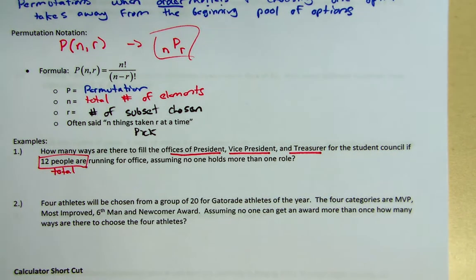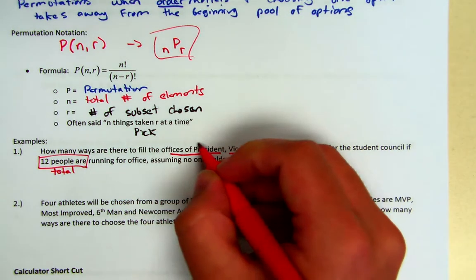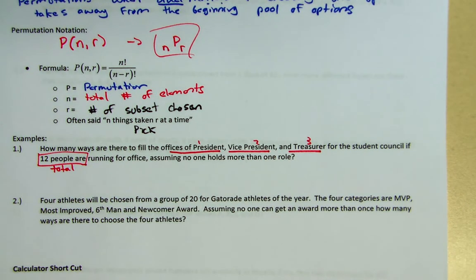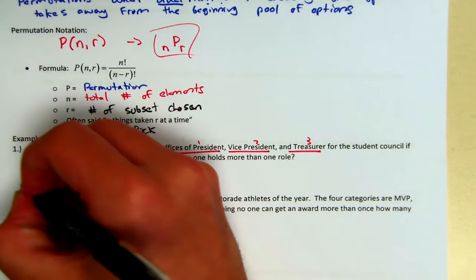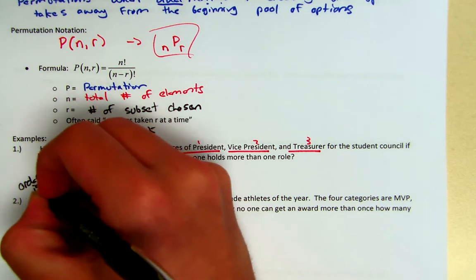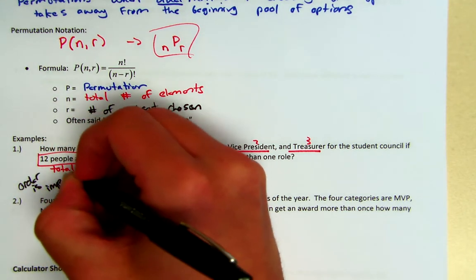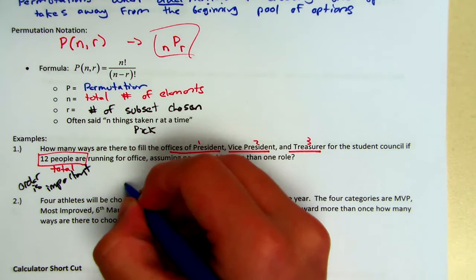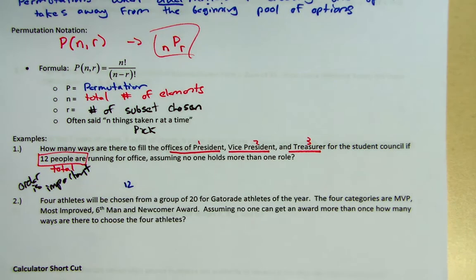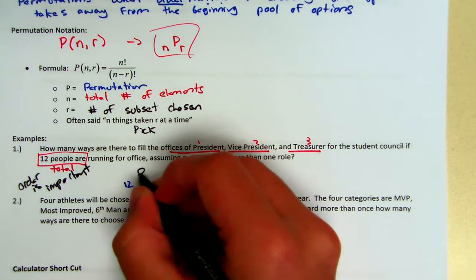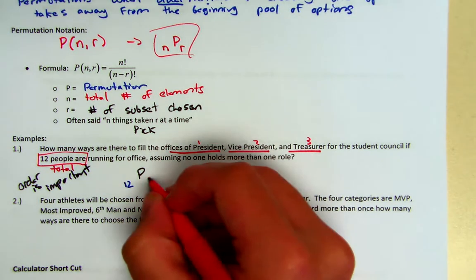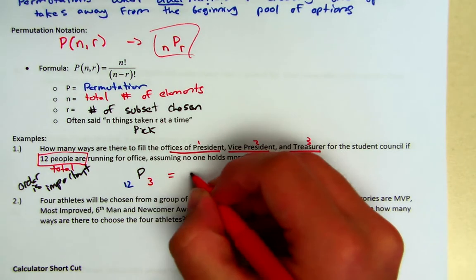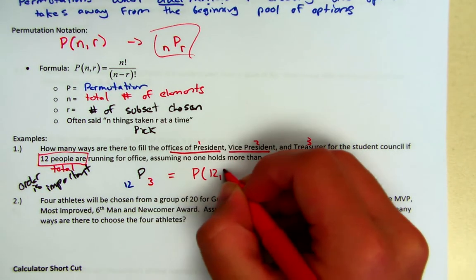So I have a total, and I want 1, 2, 3 positions, and that tells me that order matters. So here, order is important. So now I know that I'm going to do my total, 12, and I want to pick 3 positions, because there's 3 positions here. Or this is the same thing as saying P of 12, 3.